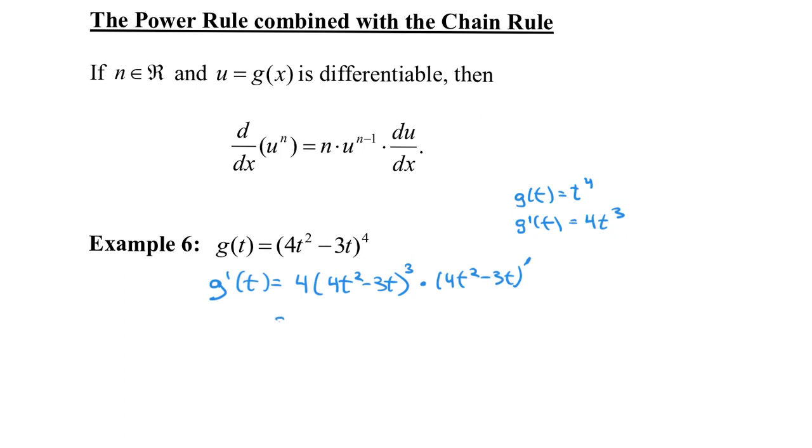Right, so then this gives us 4t squared minus 3t cubed times, and now we just use the power rule a couple times here, so we get 2 times 4, which is 8t to the first power, minus 3.